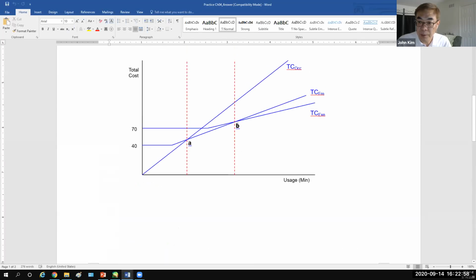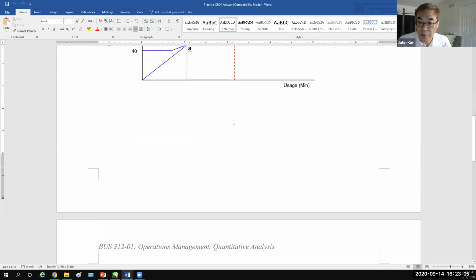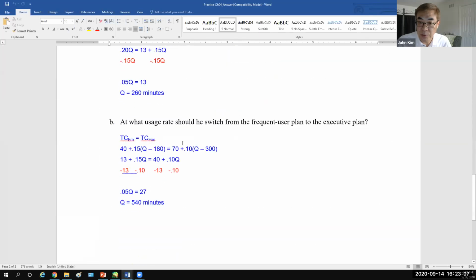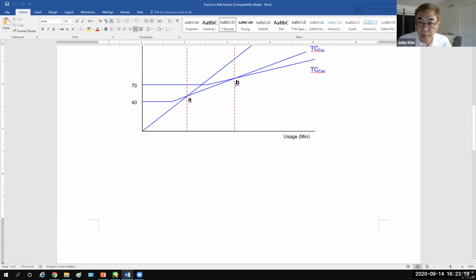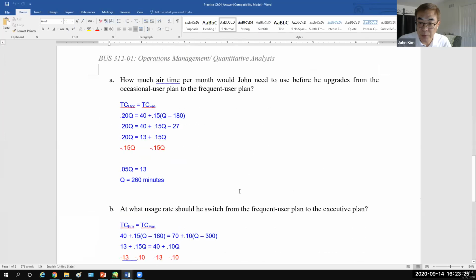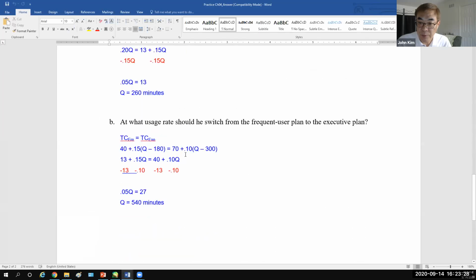And on B, TCF equals TCE. So substitute TCF equals TCE. And then another assumption, point B is greater than 300. So use the second one. So 70 plus 10 cents Q minus 300.